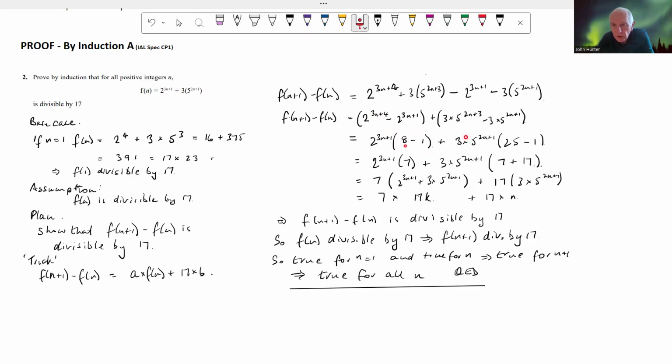And then we'll do a similar thing over here. Take out 3 times 5 to the power of 2n plus 1, and that's going to leave us with 5 squared, 25, minus the original term, which is 1. So that's all 24. So this is 7 here, and that's 24. If we rewrite that, we've got that, and then this times 7 plus 17.